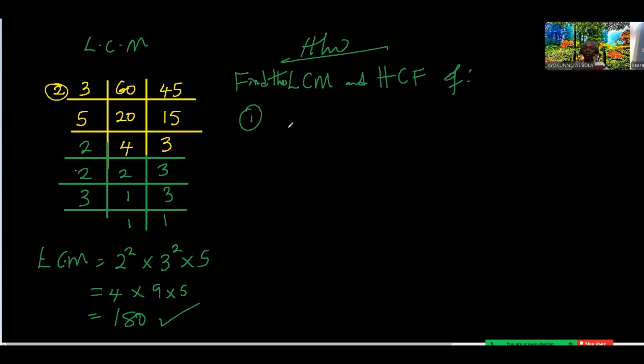So the first one, say you have 24 and 50. Then number two, let's say you have 18, 28, and 40.